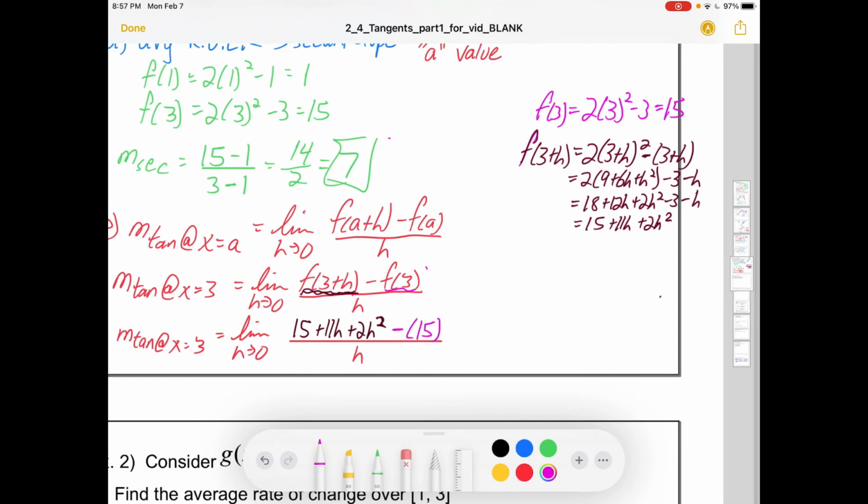I'm going to put it in brackets just to be careful here. And I can see those 15s, they're going to add to 0. So the slope of the tangent at x equals 3 is the lim as h goes to 0 of 11h plus 2h squared all over h.